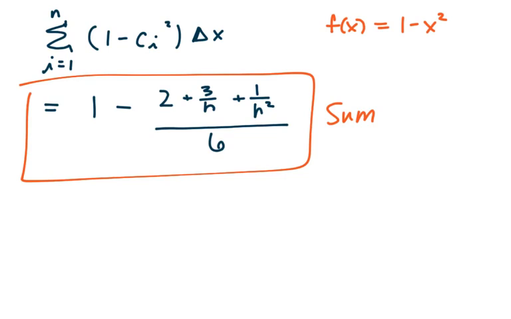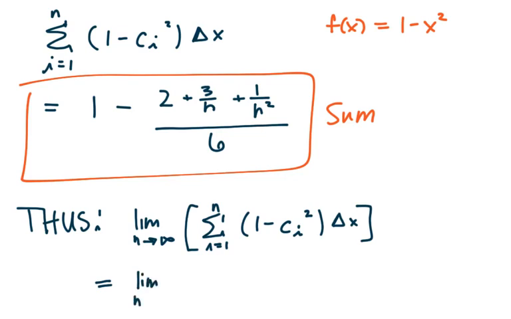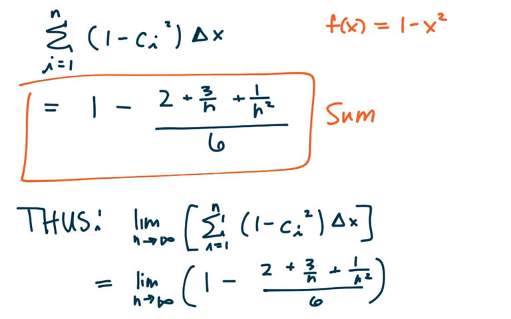So the limit of this sum, we'll say thus, the limit as n, as we have infinite rectangles on this 1 unit wide width, of the sum from i equals 1 to n of 1 minus c sub i squared times delta x, that's going to be equal to the limit as n goes to infinity of 1 minus 2 plus 3 over n plus 1 over n squared, all divided by 6.